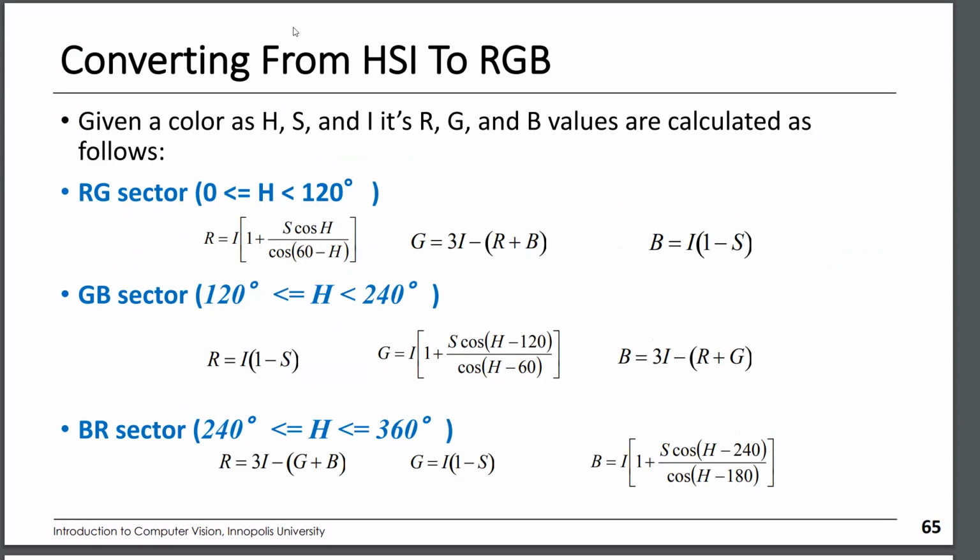Now, if you would like to convert back from HSI to RGB, I would not say it's simple, but it's kind of ugly. So here are the different kinds of mappings.